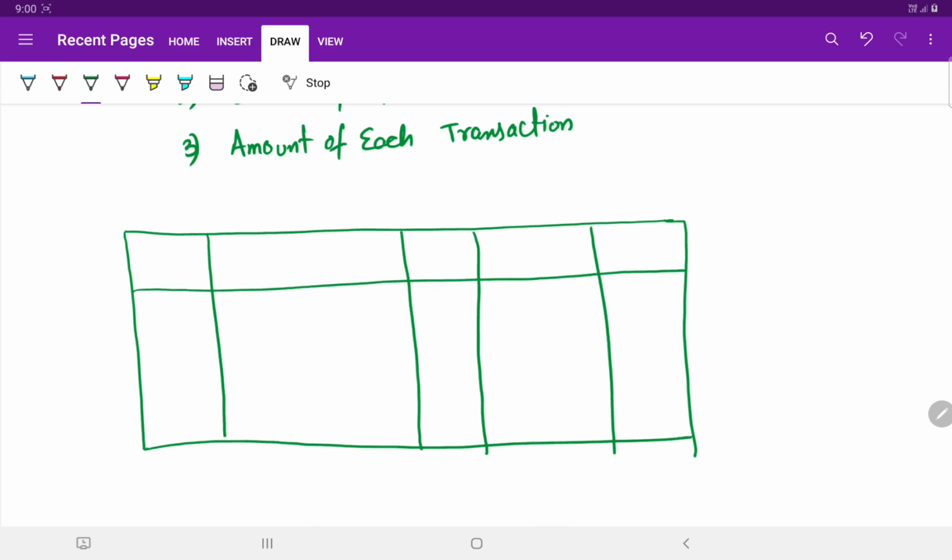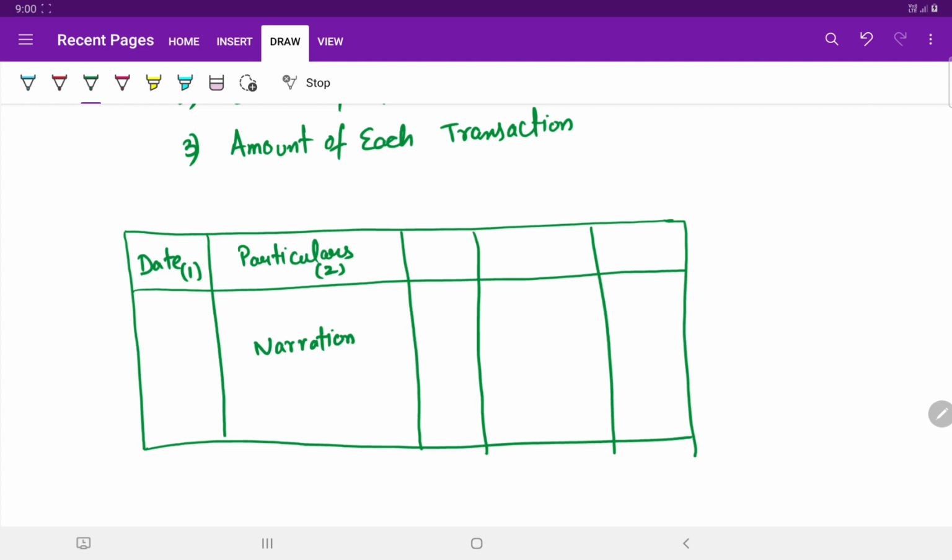The first one is the date on which the transaction is occurring. Then comes the particulars. These are the description or the details regarding that particular transaction. The account which is to be debited or credited is written here. So this is just a narration, a brief description about the transaction occurring.